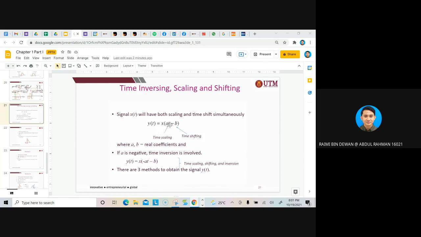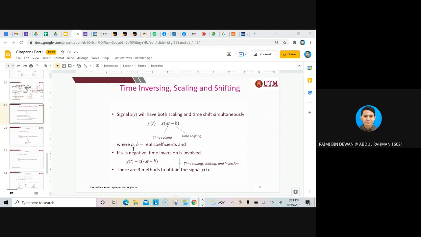Then you have a plus or minus b at the back, which corresponds to time shifting. A and b should be real coefficients, not imaginary, for example -1, -2, 1 or 2.